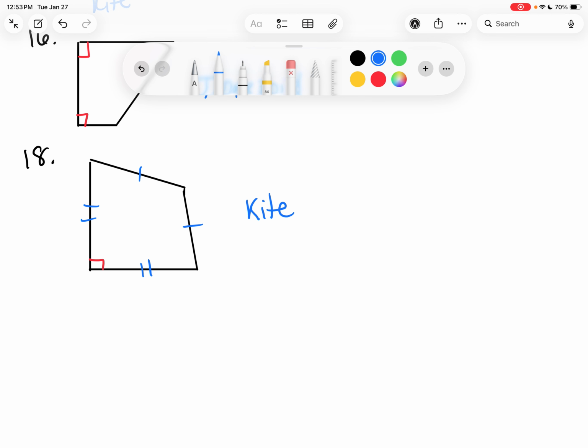All right, the next one says what kinds of quadrilaterals meet the condition shown, and again, these specifically specify not drawn to scale. So notice these ones want us to list all possible ones that it could be, kind of like the first thing that we did, but based on the shape and the markings that it had. So 20.